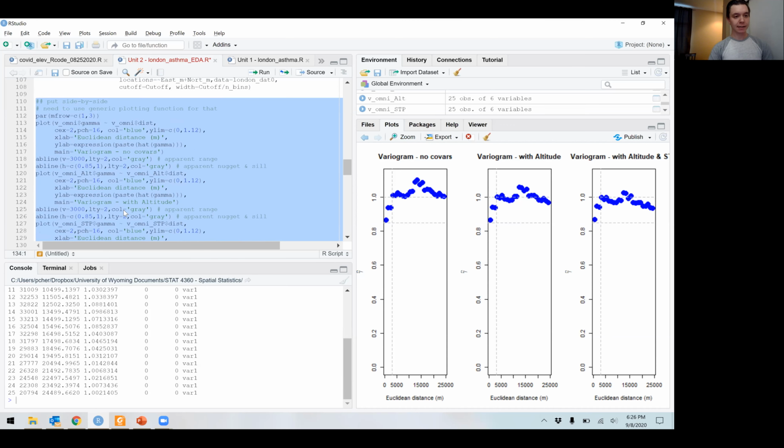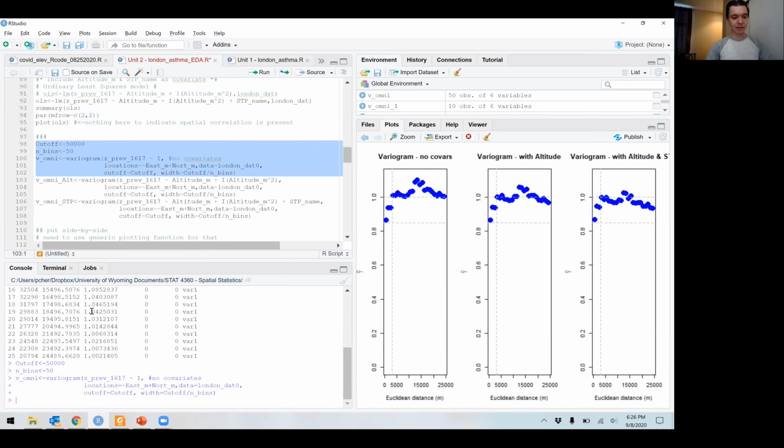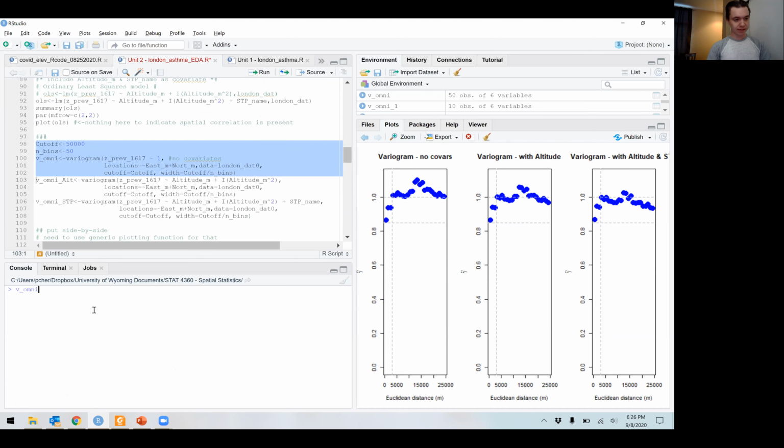If I use a cutoff of 50,000 with, say, 50 different bins, so I want to keep my bins at 1 kilometer wide, but my cutoff increases to 50, and now I remake the variogram. Look at this object.